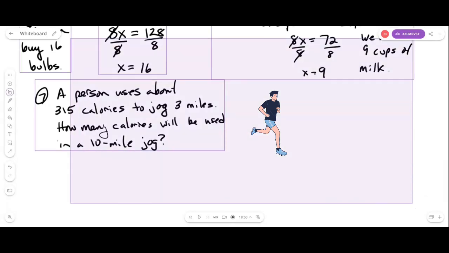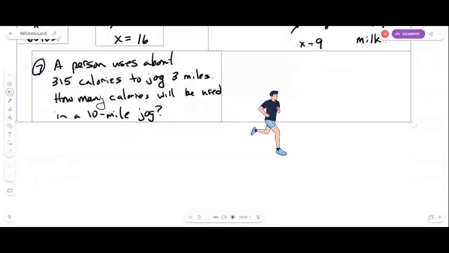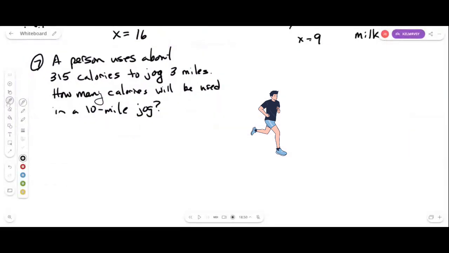So now we're getting to ones that's not so obvious. The answer is not just sitting right there and so obvious. So we start by finding our given ratio. The person uses 315 calories for 3 miles. There's our given ratio. 315 calories, 3 miles.